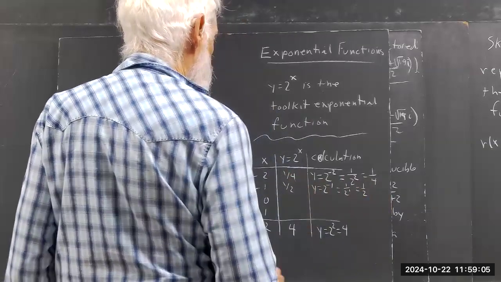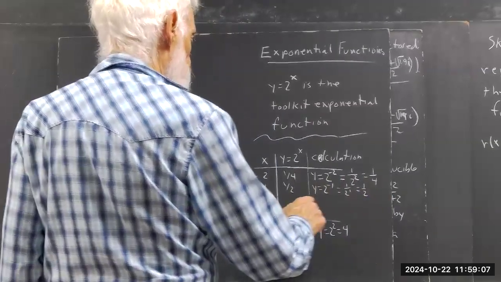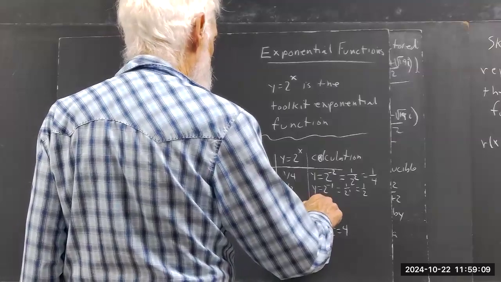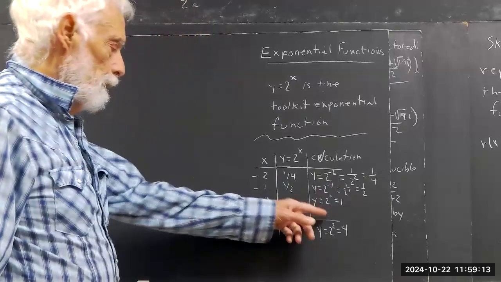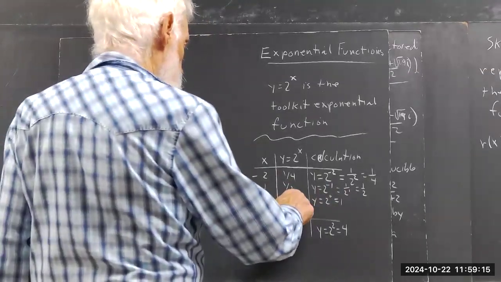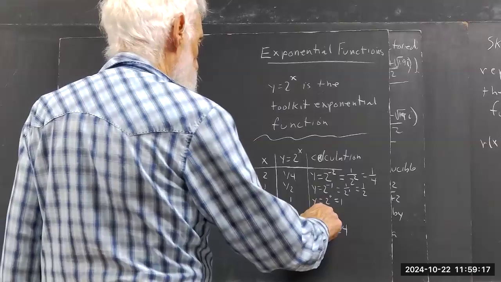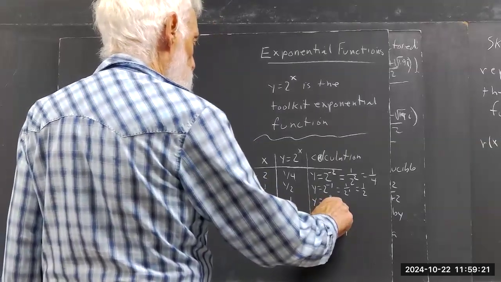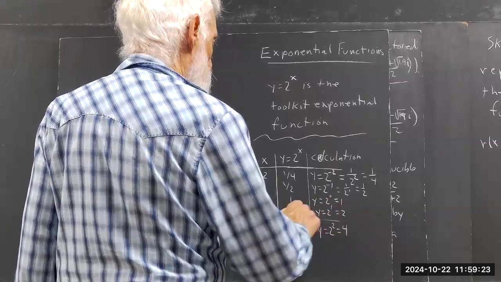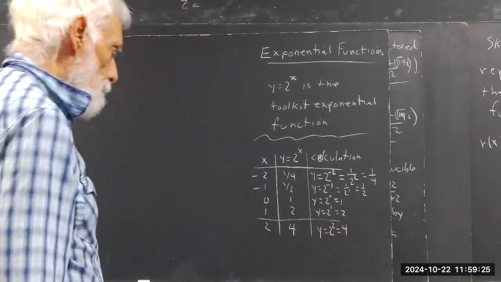If x equals 0, you get y equals 2 to the 0, and any number to the 0 power is 1. X equals 1, you get y equals 2 to the 1, which is just 2.